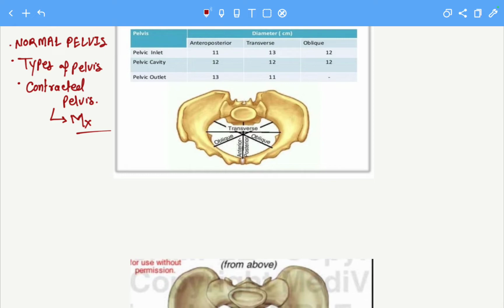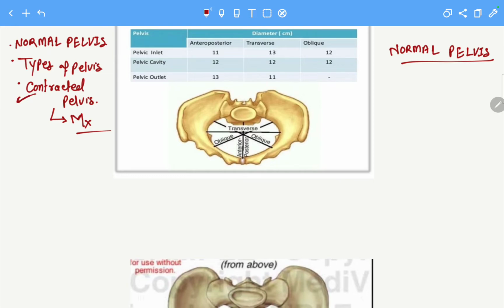So first we will discuss the normal pelvis. In the normal female pelvis, what we need to remember are some diameters that will help us to understand the contracted pelvis.